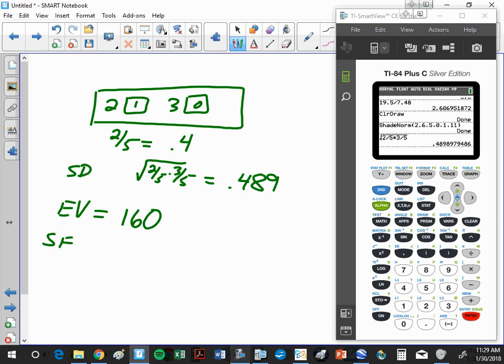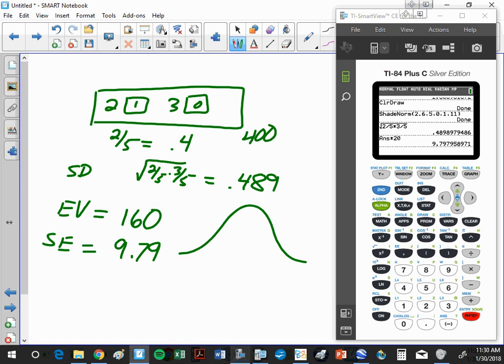So the SE is going to be 0.489 times the square root of the number of draws, square root of 400, 20. So we times it by 20, and we get 9.79. So if we draw 400 times for this box, we expect to get 160 2's, give or take 10 2's.